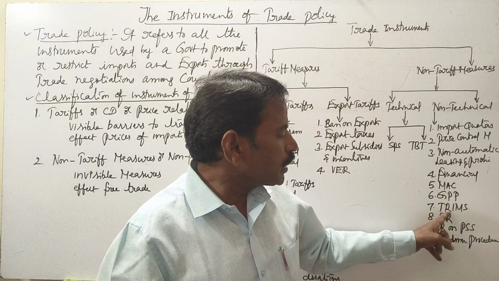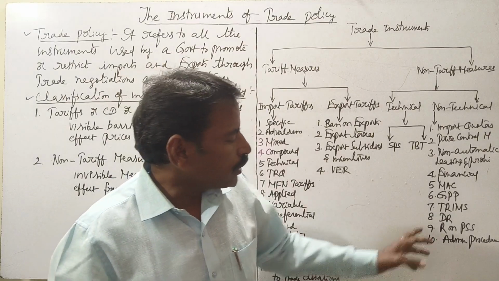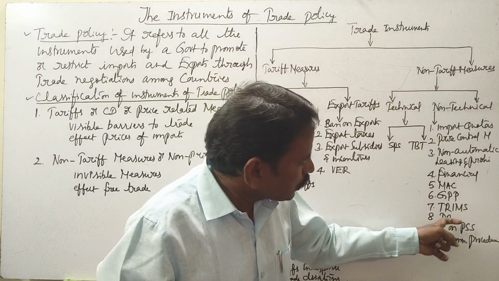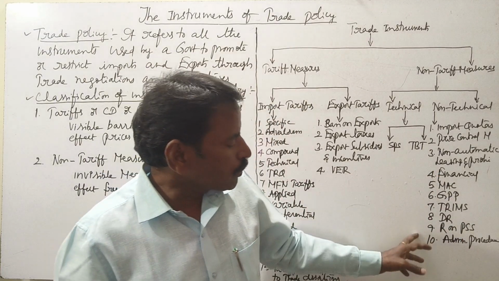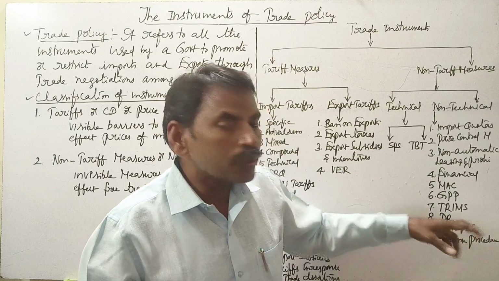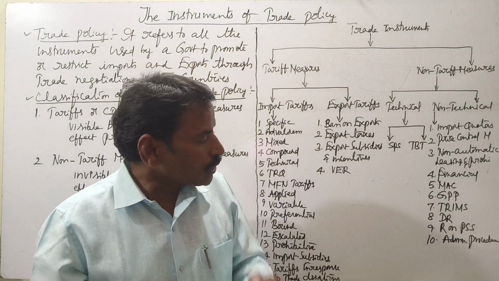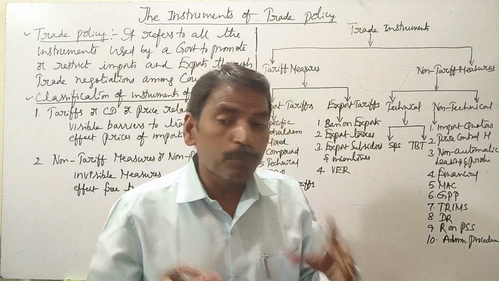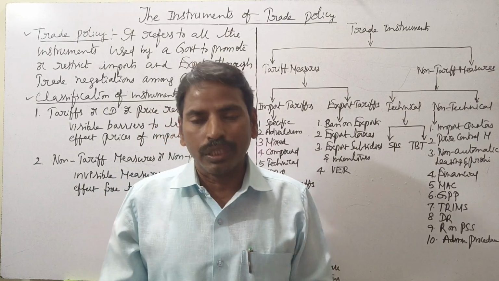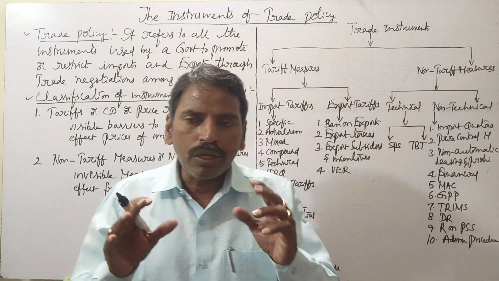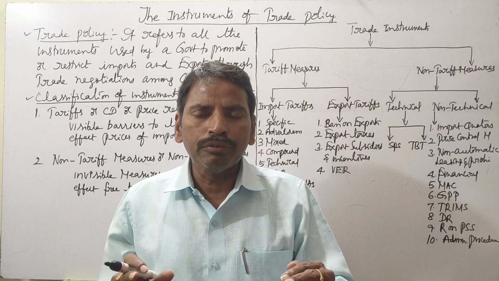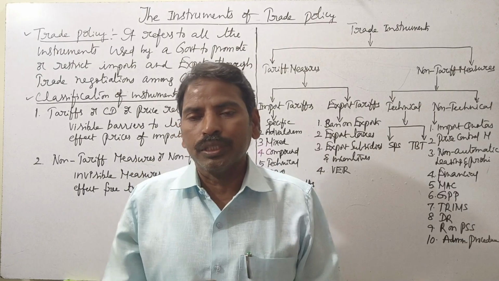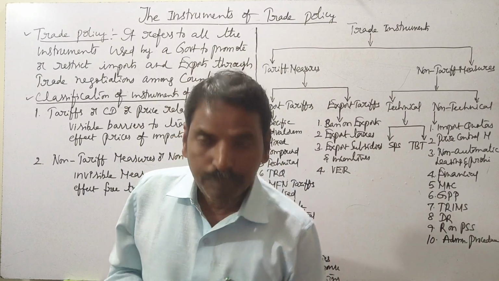Seventh one, trade related investment measures. Eighth one, distribution restrictions. Ninth one, restrictions on post-sale services and administrative procedures. So these are the instruments of trade policy.